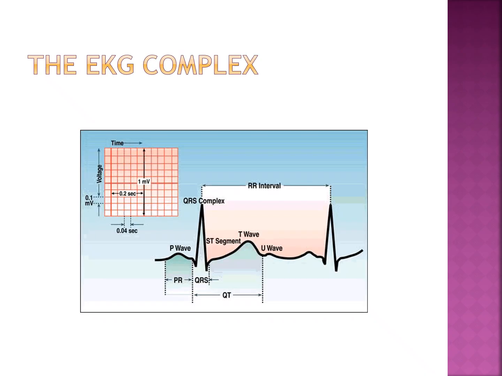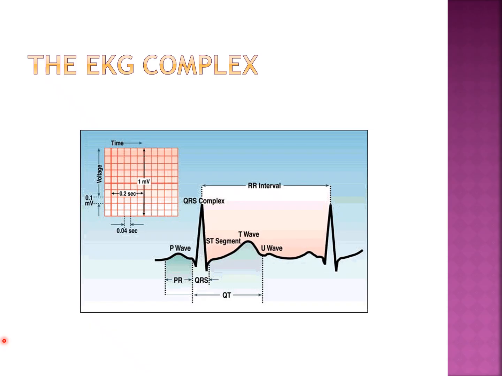So here is basically what an EKG complex looks like in a rhythm strip. This should all be basic understanding. So if you remember, height is voltage and time is across the bottom. So as we move from left to right, that's time in seconds. Remember, each little square box is 0.04 seconds, and 5 of them make 0.2 seconds.